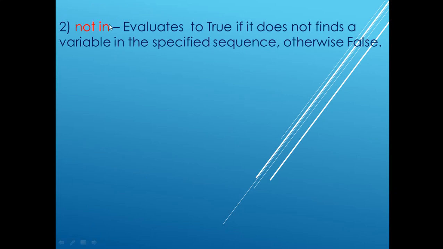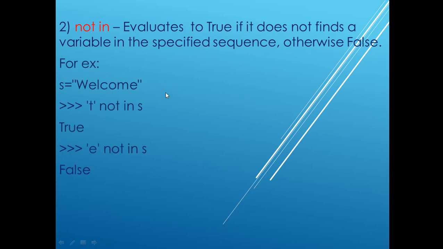The second one is the not in operator, just the opposite of in. It evaluates to true if it does not find a variable in the specified sequence. If it does not find it, it will return true. Otherwise, it will return false. You can see in the example, s equal to welcome.